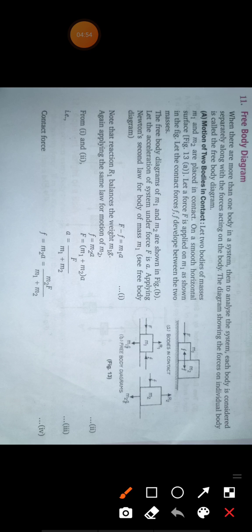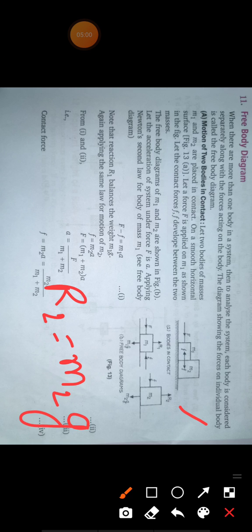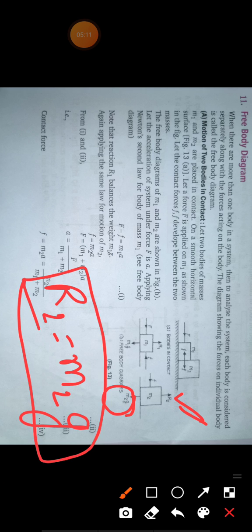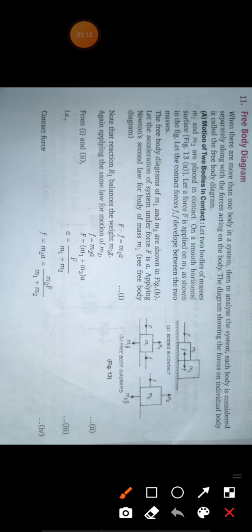So you can write the first equation: R2 will be m2g. Why? Because these two forces are in equilibrium. R2 and m2g are in equilibrium, because this body is not going in the upward or downward direction. That's why you can write this. But in the horizontal direction, only on the left side you have f.